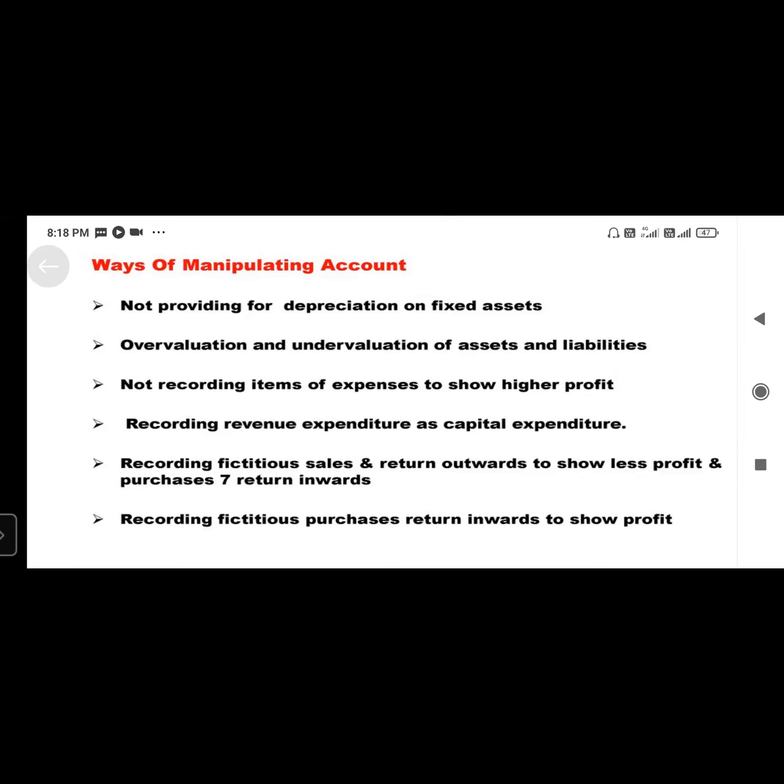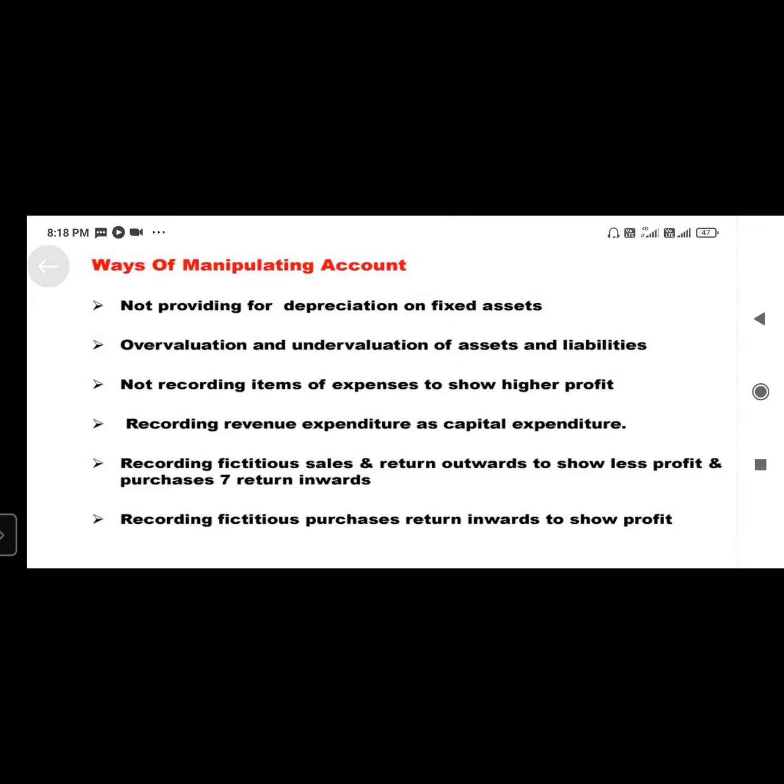Now, to avoid this, the company comes up with the idea that instead of showing the correct profit, let's show the unreal or manipulated profit, that the company has received only 1 crore profit or 2 crore profit.